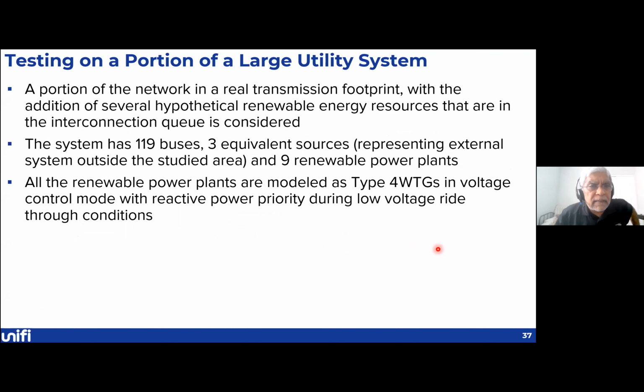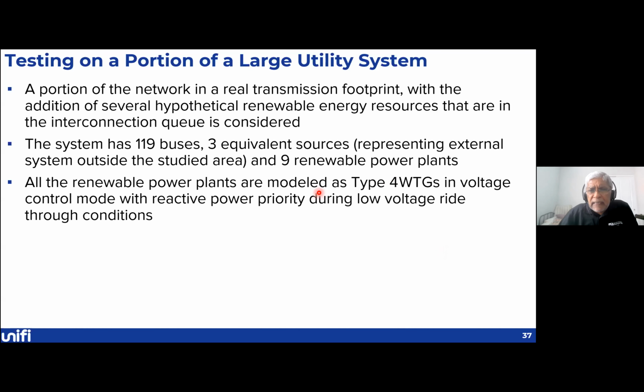Deepak and his colleagues have tested this on a portion of a network in a real transmission footprint, with the addition of several hypothetical renewable energy resources that are in the interconnection queue. The system has about 119 buses. There are 3 equivalent sources representing the external outside system and the studied area, and 9 renewable power plants.